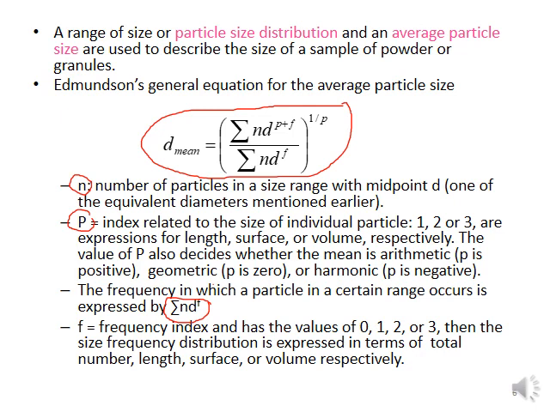P could be 1, 2, or 3 for length, surface, or volume. F also can be 0, 1, 2, or 3 for number, length, surface, or volume. The application of the equation will be shown in the next slide.